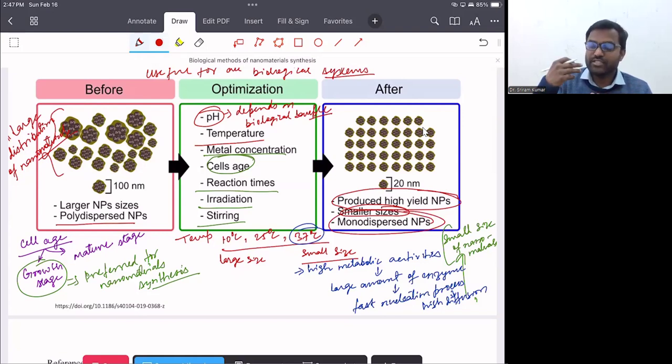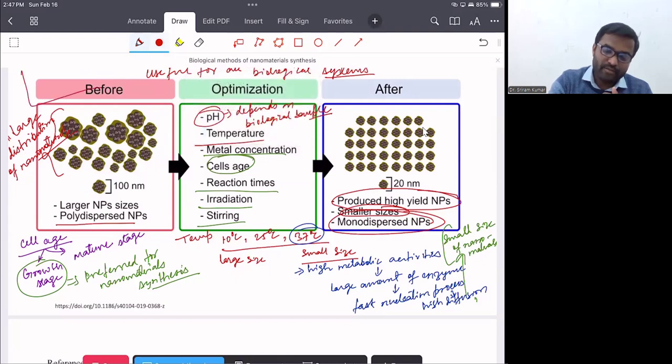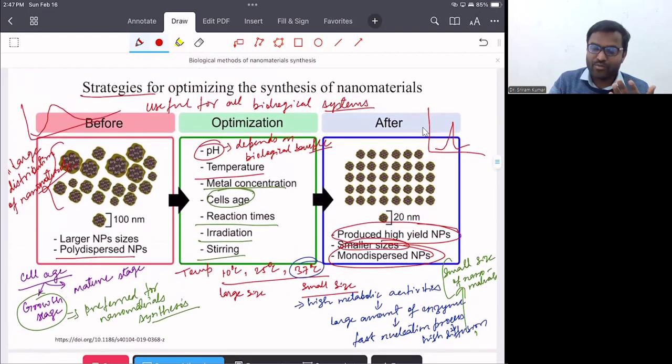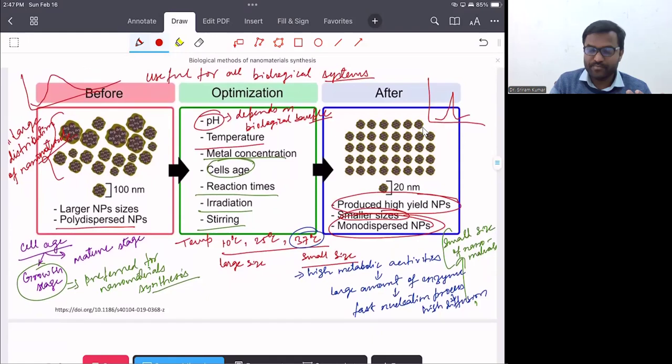Monodispersed means the particle size of the nanomaterials is very similar, whereas in the first case you have a large distribution. In this case you have a very fine, narrow distribution of the nanoparticles. These parameters are applicable to all kinds of biological samples or systems.